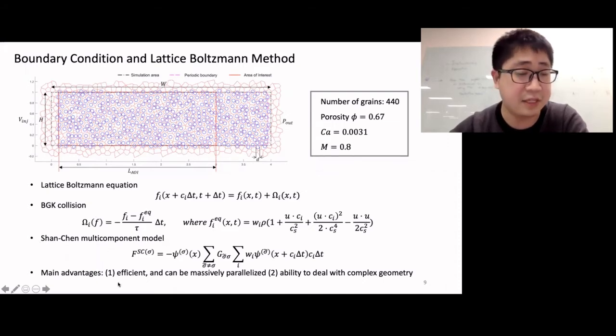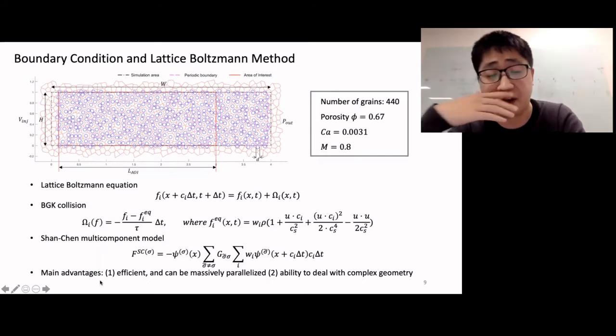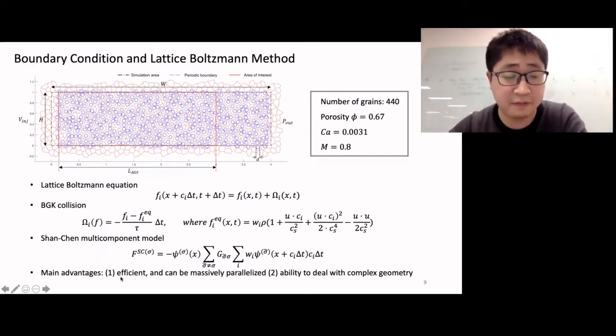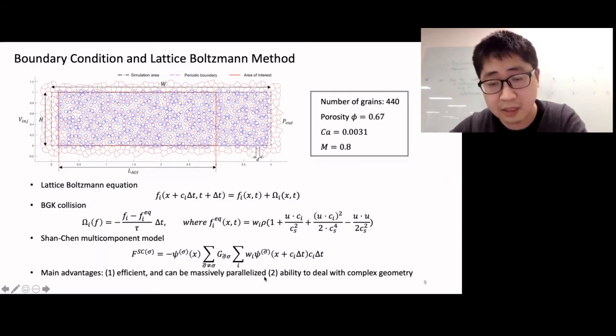The main advantage of the lattice-Boltzmann method is that it's quite efficient and can be massively parallelized. And it's very easy to deal with very complex geometries, especially in porous media, where you have very different locations of all those particles.